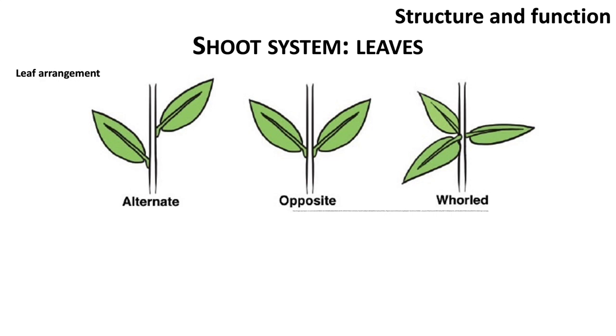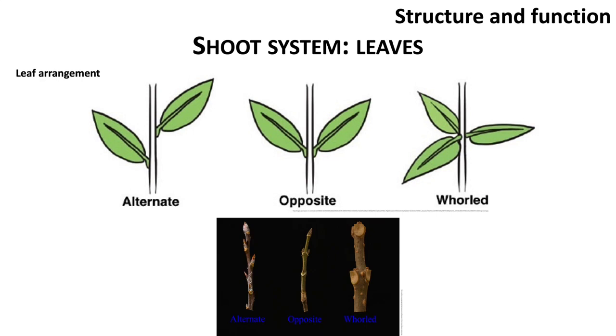And when there are 3 or more leaves per node, this is called whorled. This may come in handy if you use a key to identify the plant you've selected for your observations. And keep in mind, you can see leaf arrangement patterns even when a deciduous plant has lost its leaves by observing the arrangement of buds or leaf scars.